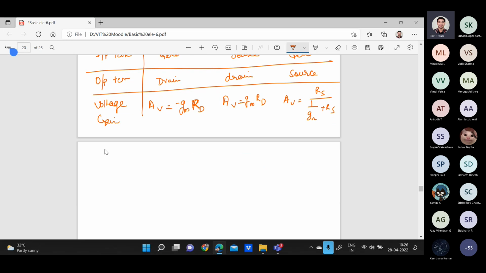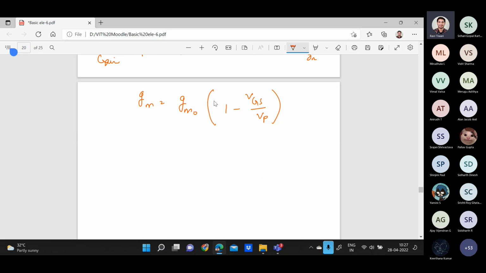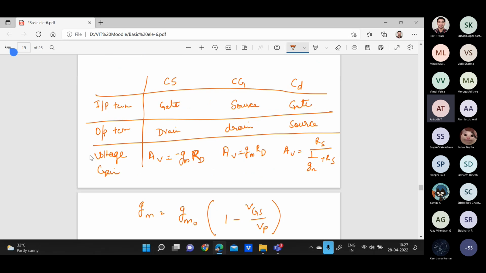And you know how we can find out the value of GM? GM is equal to GMO, that is the maximum transconductance, times 1 minus VGS by VP. If they provide you GMO, you can find the value of GM, just multiply with RD, you will work it out. Sir, one second, can you just show the circuit and the table?